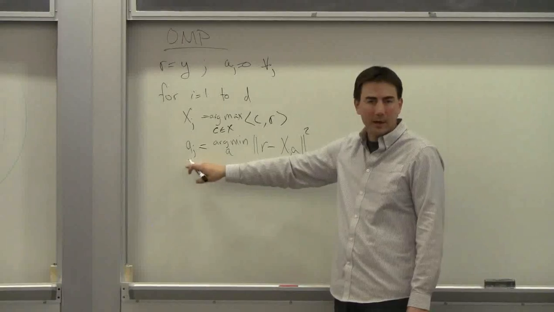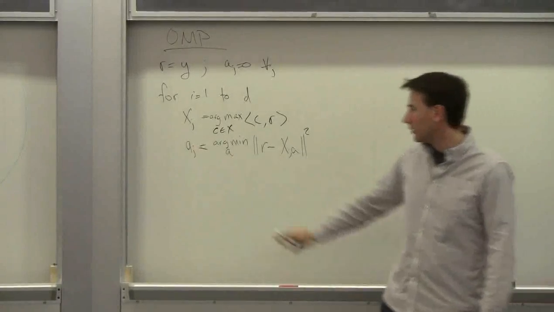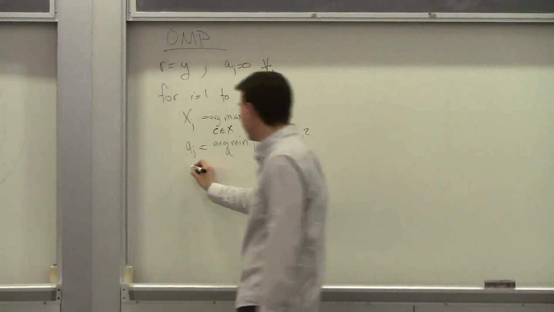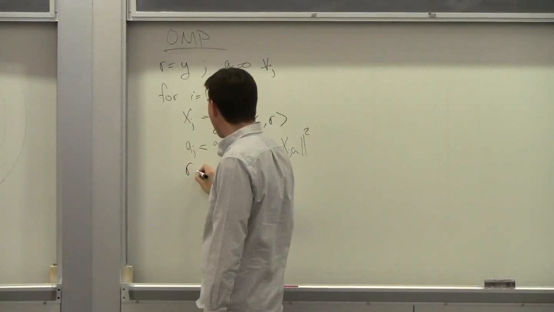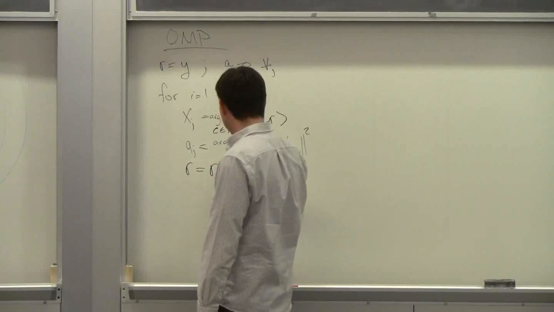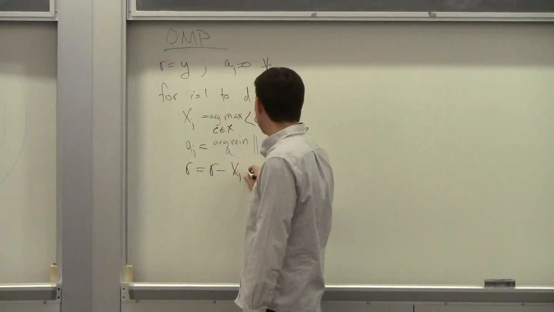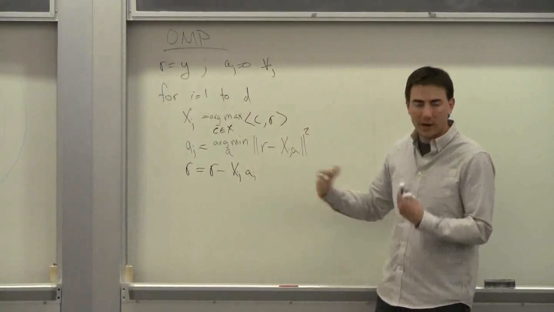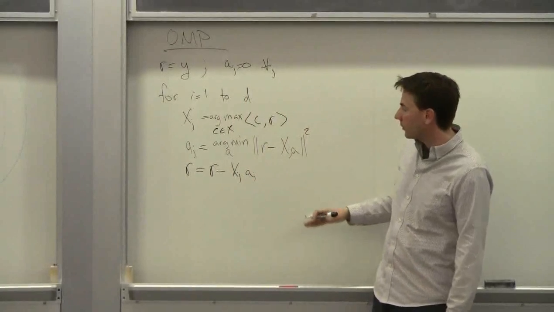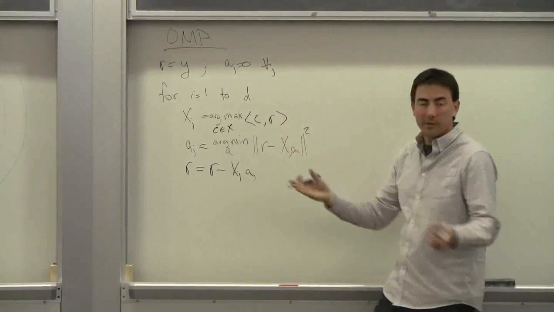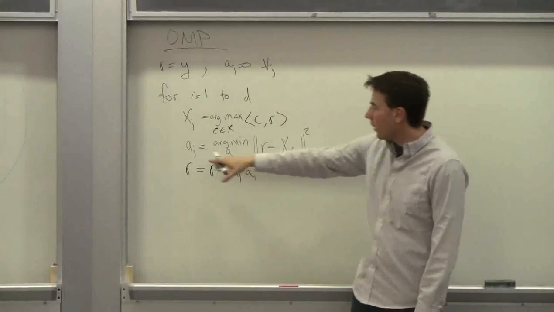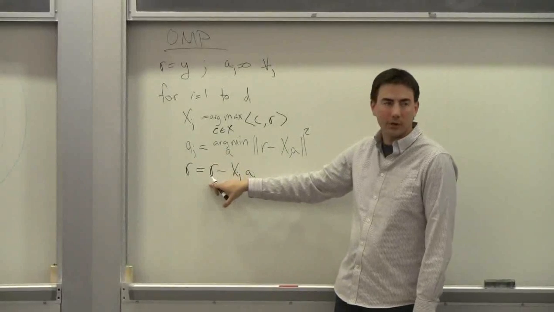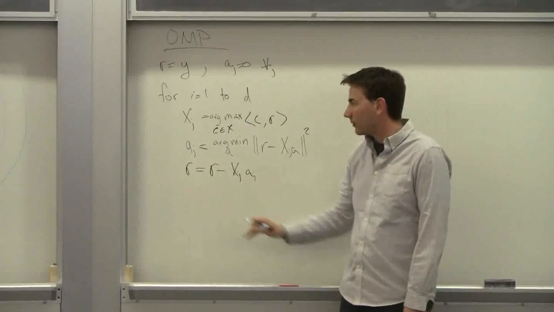I think I used a gamma here before, but then we set this as the explanation for this column. Then we refactor out the new residual as R minus a_j, right? So I subtract out what I've explained. I found the one column that gave me the best explanation, I figure out what that explanation is, and I subtract that out of the data I'm trying to explain. And this is what I have left.